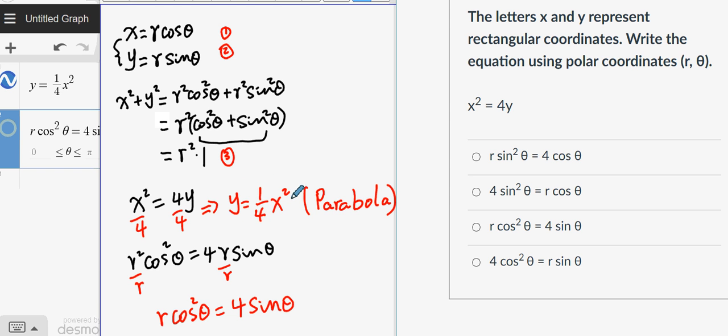Because again, x squared is positive, and positive times the positive number 1/4 gives positive. So y can only choose positive values, while x can be positive or negative. So the open direction for this one is upward.